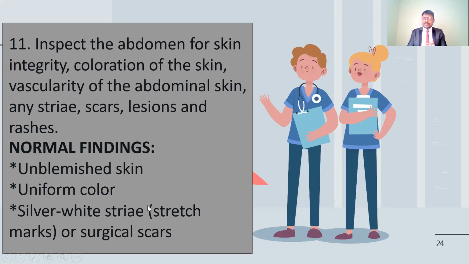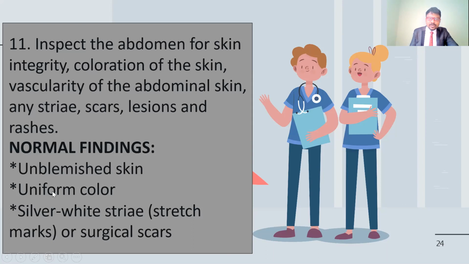In the female, most of the times after pregnancy, they may get white striae, that is stretch marks, or maybe any surgical scar in case of any cesarean surgery. Or in the male also, if they have undergone any surgical procedures such as cholecystectomy, or any other intestinal disease, any gastric surgeries, we can find it. So those are the normal things.